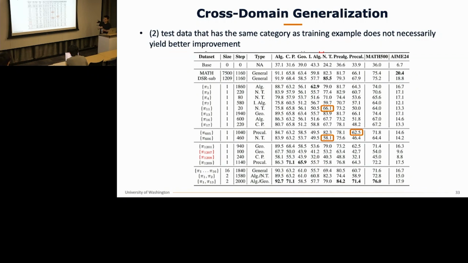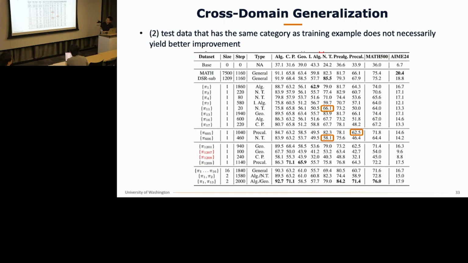Question: do you have an idea of the variance of the results for each category? For example, does using geometry increase the ability for number theory better than the number theory training example? Is that a consistent trend? No, it's not.